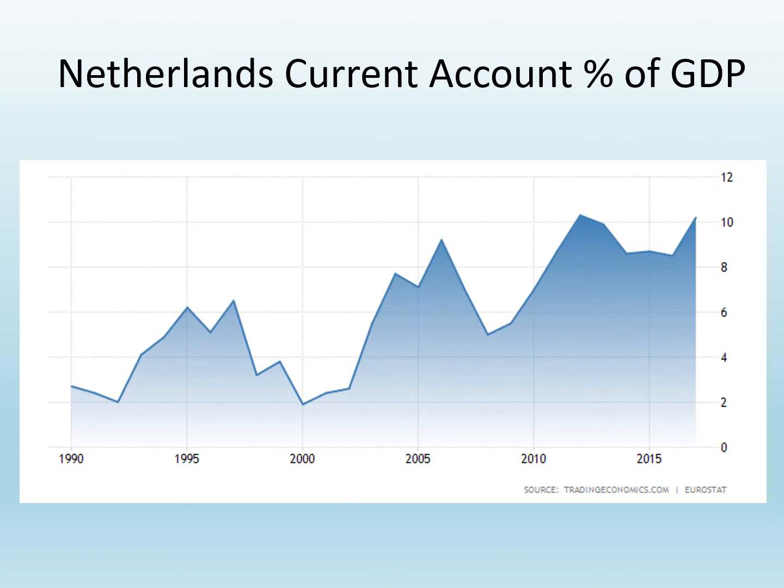The Netherlands, as you can see, is a world leader in current account surpluses, and that's putting it at 10% of GDP. So it sits in a similar position to Germany, except that it never ran a current account deficit as Germany did.